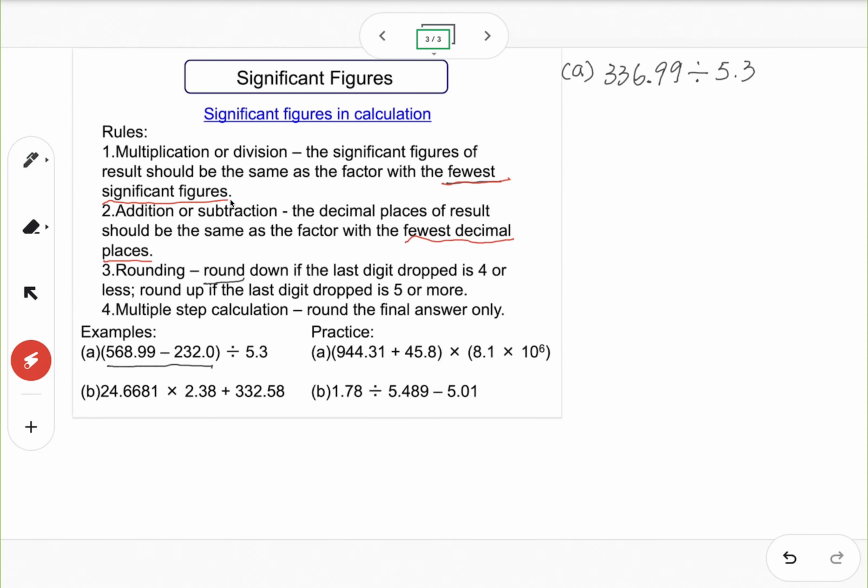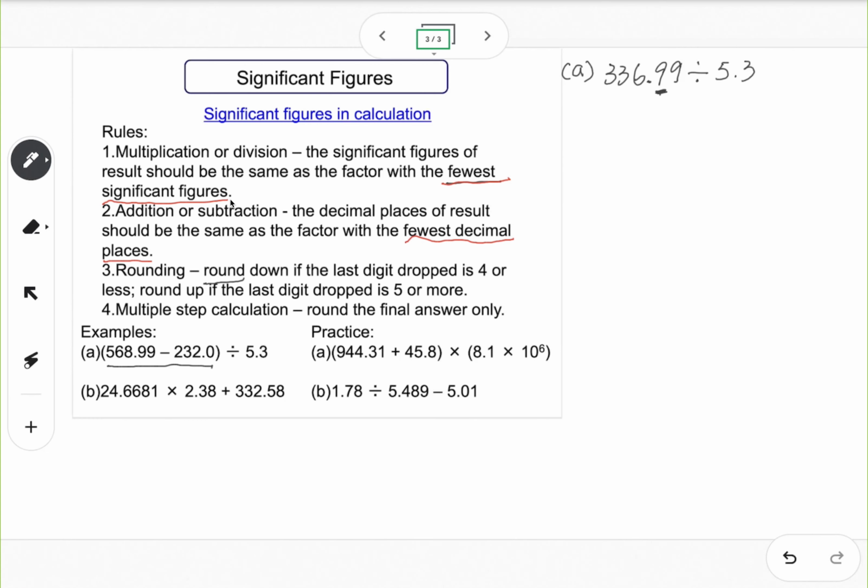So here for this intermediate answer, I would like to keep 2 decimal places. But I would highlight the decimal place that I am supposed to have. I highlight this 9 to tell myself that we are supposed to have just 1 decimal place. If you have only 1 decimal place, that means this intermediate answer should have only 4 significant figures. That is important for our next step.